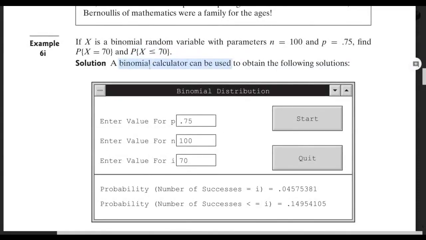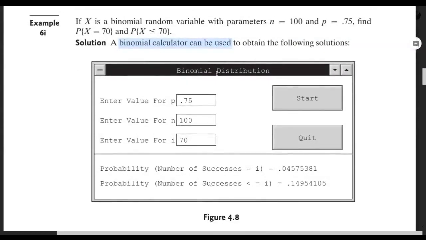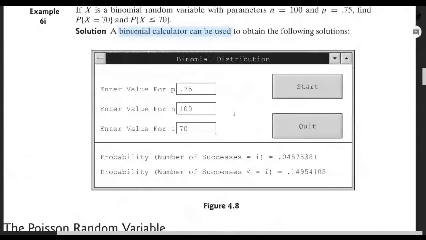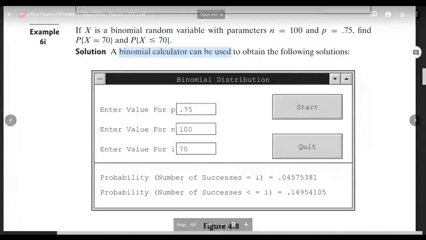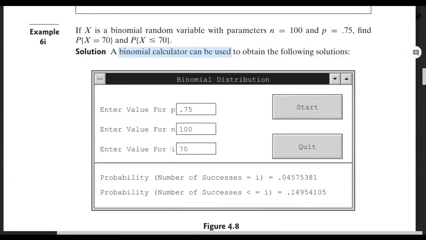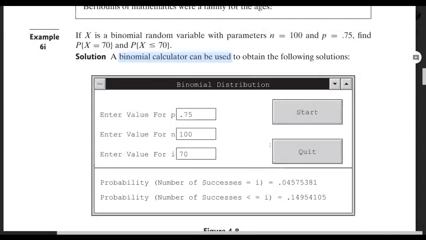Solution: a binomial calculator can be used to obtain the following. Binomial distribution. I don't have it. Input the value for p, for n, for i. That will give us the probability.